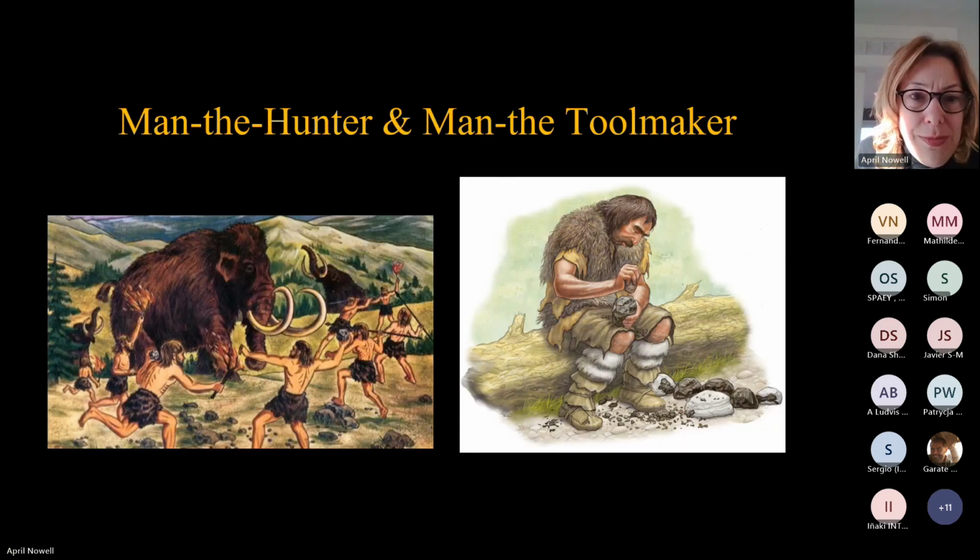And so when it comes to hunting or tool making, there was, for the longest time in our field, the assumption that men were doing the vast majority of this work, and adult men in particular. So when we talk about man the hunter and man the tool maker, on one level it meant humankind is unique because they are the big game hunters or the tool makers.